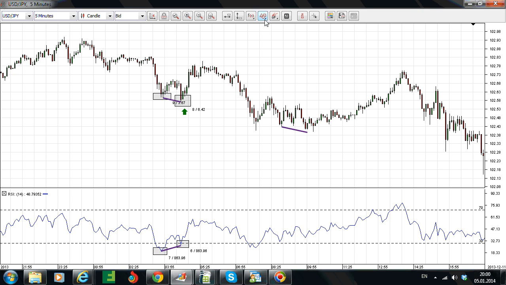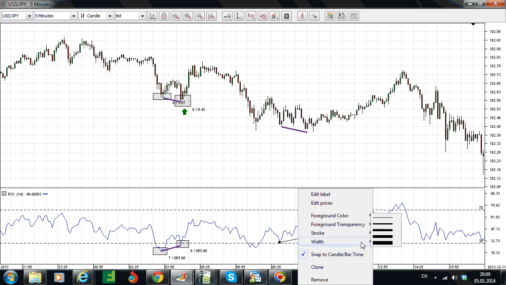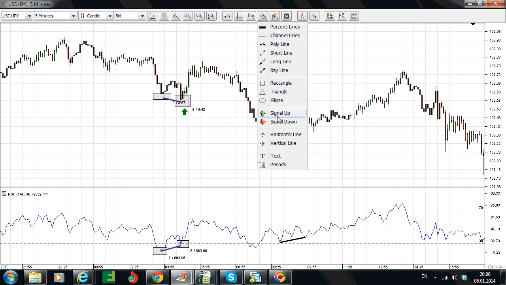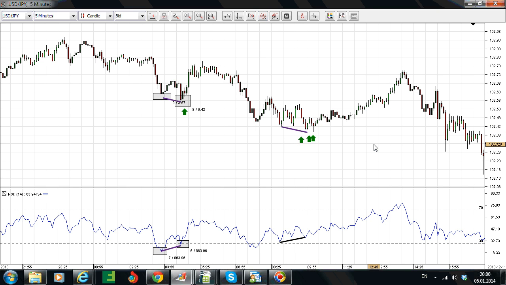So price is moving to the downside, the oscillator is moving to the upside, and there you go. This is called a bullish divergence. In a bullish divergence, I would like to buy call options, as price is most likely to reverse the previous trend. Again, it depends very much on the time frame on which this appears.